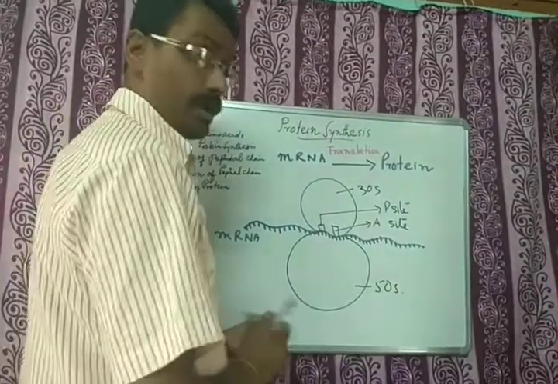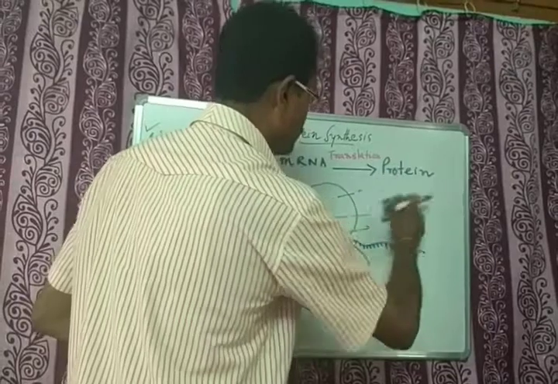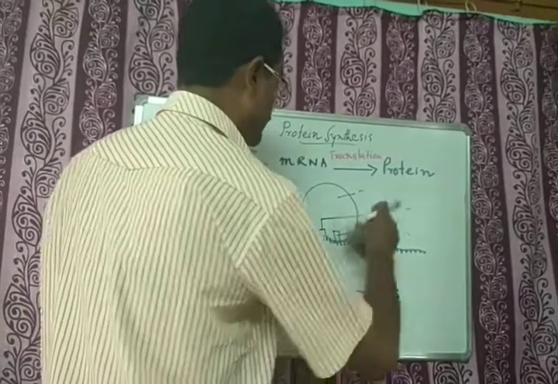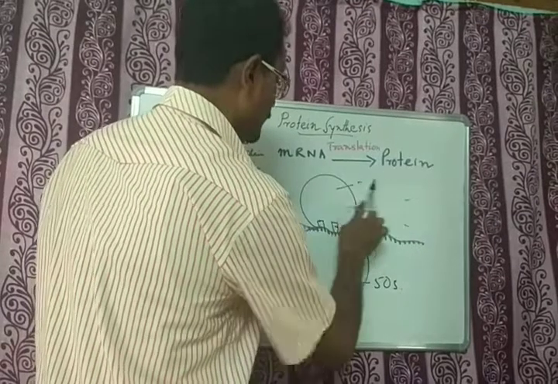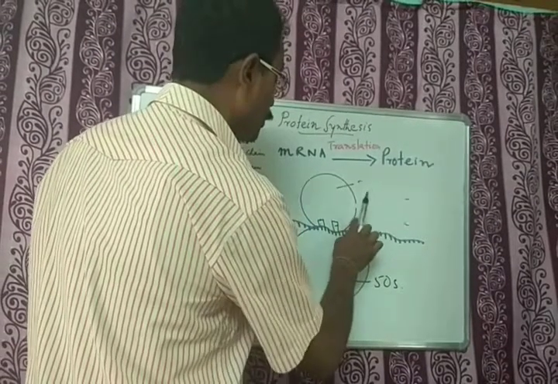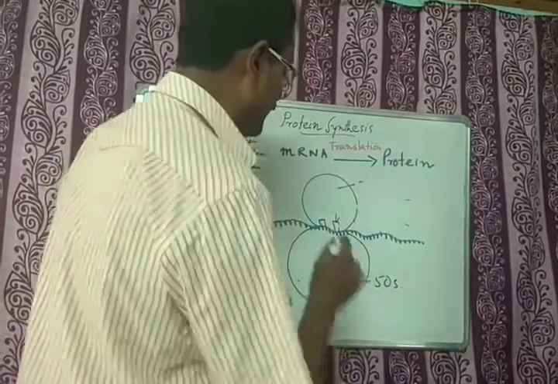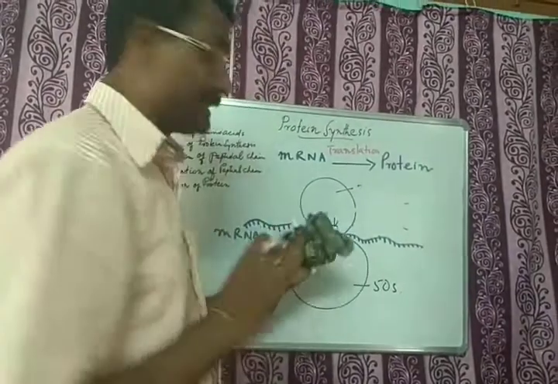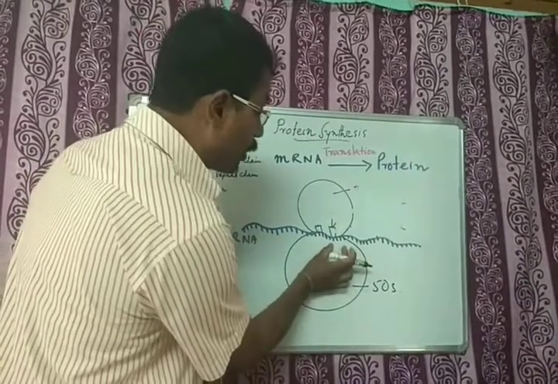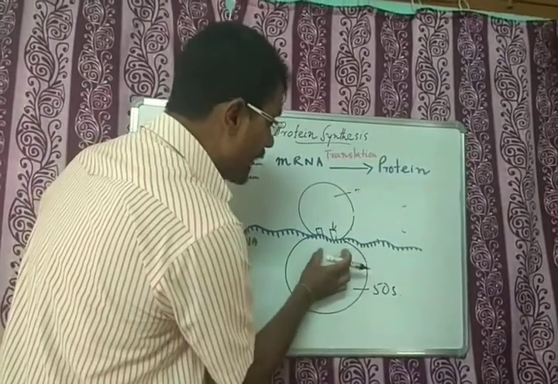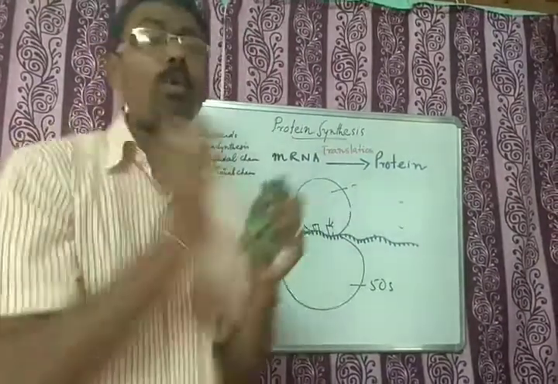Now, I am rubbing this one now for going to the next part. See here, tRNA will be coming and getting linked here. This is tRNA. Another thing comes here. See, tRNA will be bonded with the mRNA that is present based on the codon and anticodon.